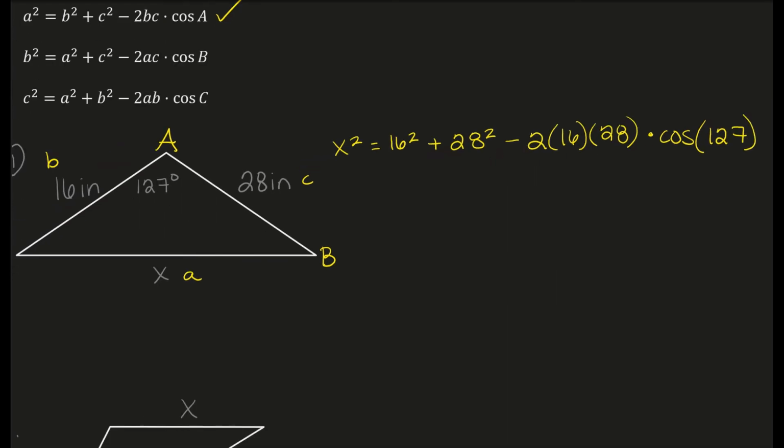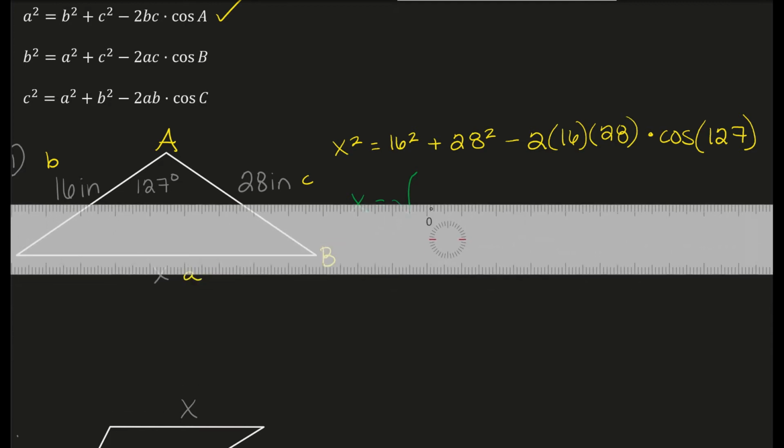Think about this. The overall objective is just to get the value of x. So here I want to think, okay, I want x by itself. How would I go from x squared to x? You would take the square root. So here, what I'm going to have is a really long square root sign. Let me get my ruler and we'll extend this out.